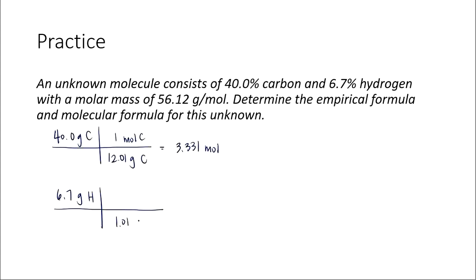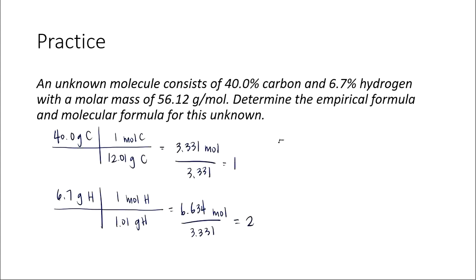Convert this to moles, 1 mole on top, and we get a value of 6.634 moles. Divide by the smallest number, 3.331 divided by 3.331. We'll get 2 here and 1 here, so we have a ratio of 1 to 2.